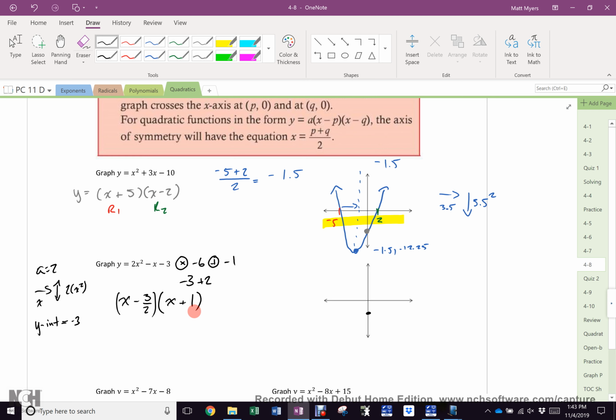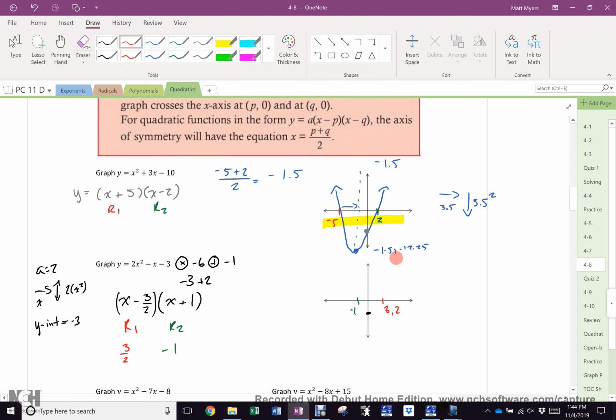So what then is root 1? Positive 3 halves. Absolutely right. So there is root 1, and it's 3 halves. What is root 2? Right? Okay. So now we know we're at negative 1, and we know we're at positive 3 halves.